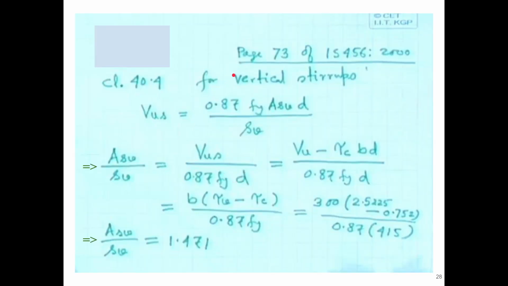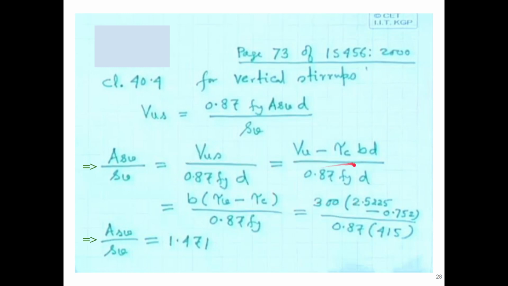As I told you, let us now design for vertical stirrups. Mostly we will be using vertical stirrups only. This is as per clause 40.4. This formula, which we just discussed, is a very important formula, so please write it down. Using this formula we will design. Substituting, Asv by Sv equal to Vus by 0.87 fyd.